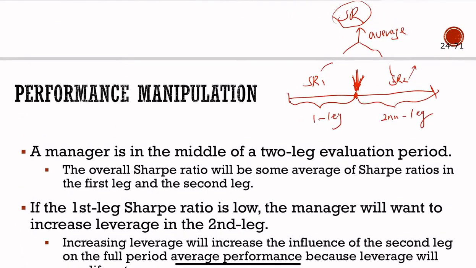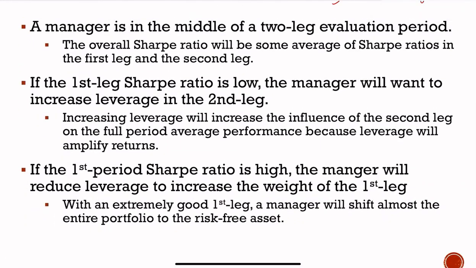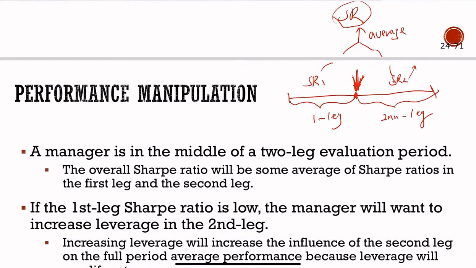Because if the leverage in the second leg is lower, then the weight in the second leg will be lower. And this basically means the weight of the first leg performance measure will be higher. So in the end, there's a higher probability this manager will be able to get a higher overall Sharpe ratio. And another reason for this is, just think about this.